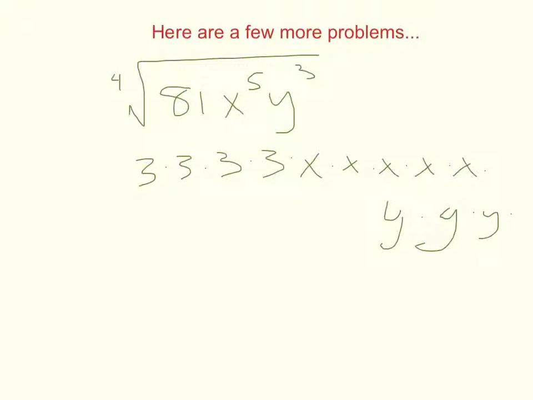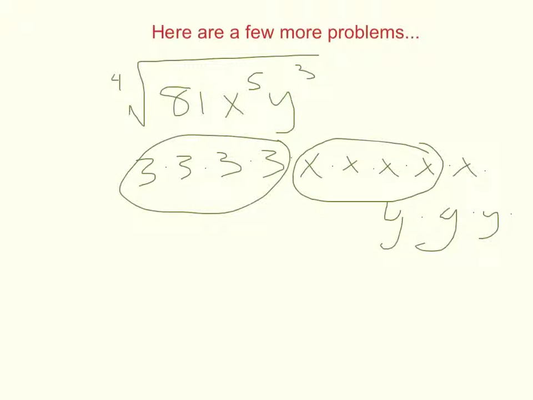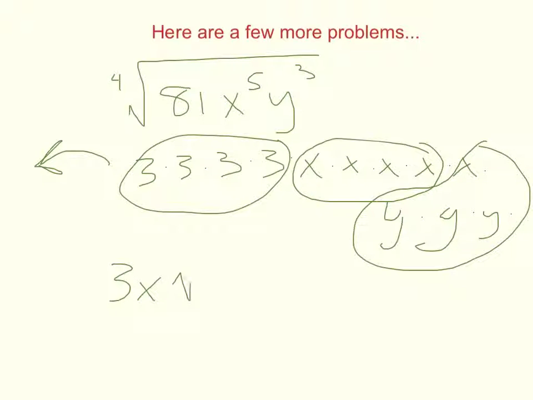So we're looking for groups of 4 this time to come out of the radical. So there's a group of 4 with the 3's. There's a group of 4 with the x's, but there's 1 x left over. And there's not enough y's to come out. So these guys get to come out of the radical, but these guys get left behind. So our answer is 3x with a radical 4th root of x y to the 3rd power.